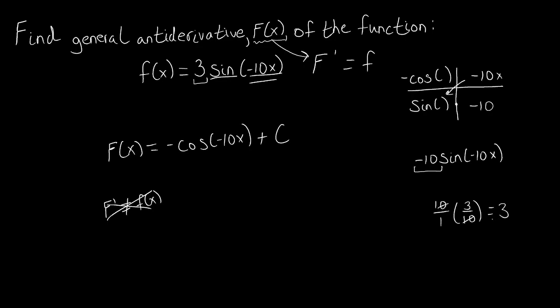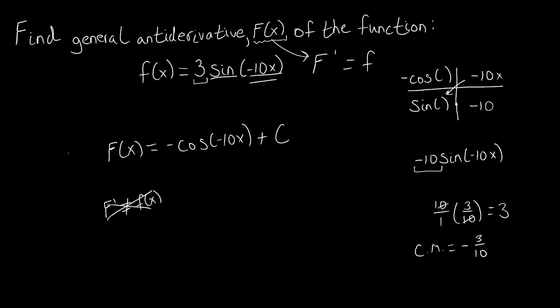So maybe the constant multiple that we're looking for is, since we need to multiply by a negative, negative 3 over 10. So this original capital F of x that we thought would give us f of x if we derived it, maybe if we bring in this negative 3 over 10 as a constant multiple, that would give us what our real capital F of x is.